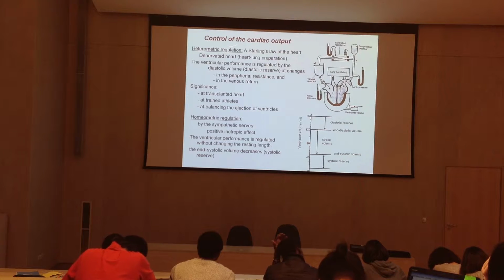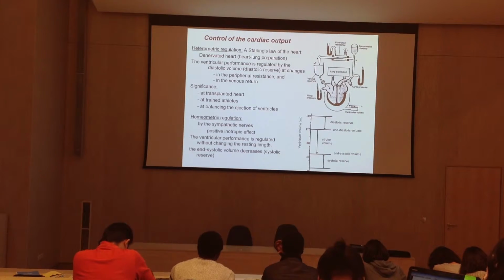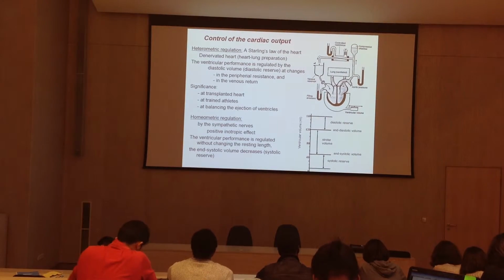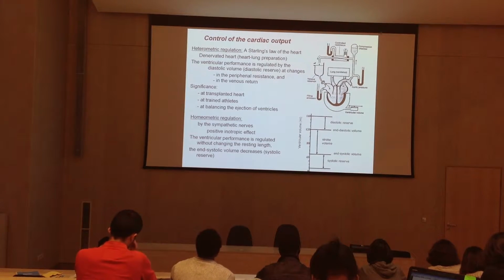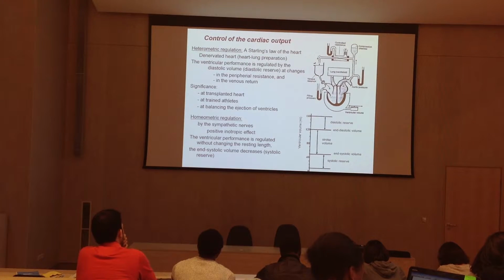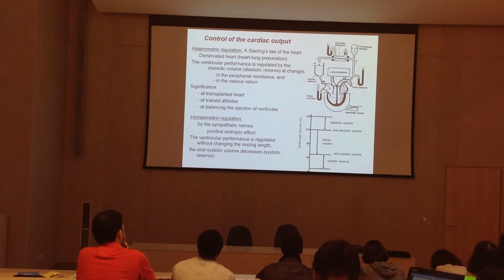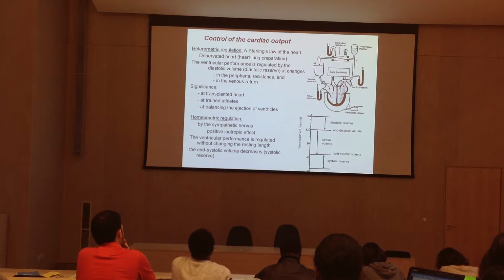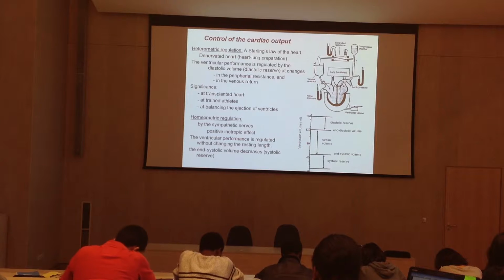Now, heterometric regulation. There was an American physiologist, Starling, who first described this phenomenon. He said that the ventricular performance, the cardiac work, can be regulated by the diastolic volume, when it is necessary to increase the ventricular performance.